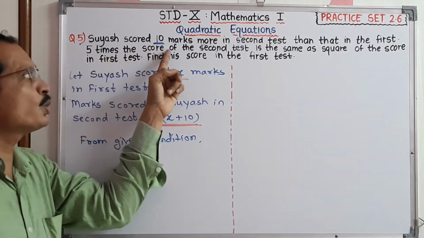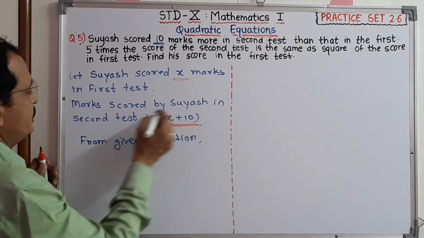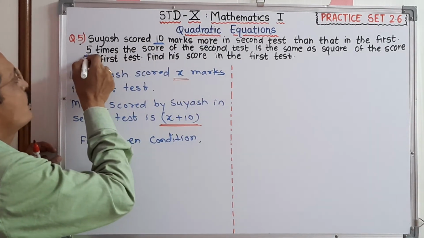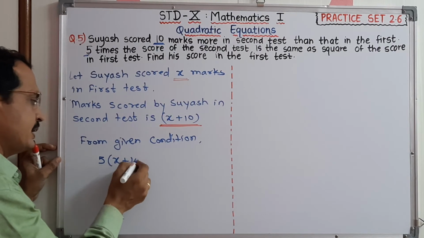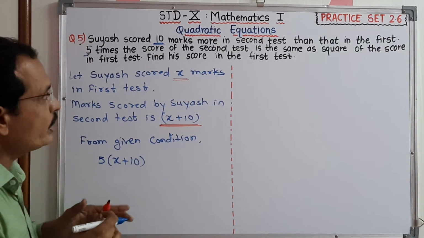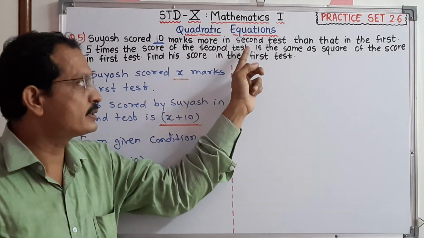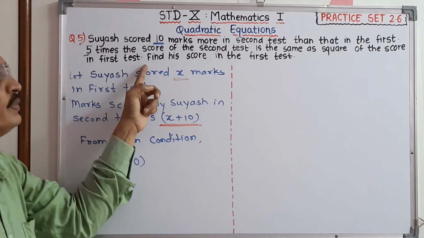5 times the score of the second test. Score of the second test is how much? x plus 10. Make the 5 times of that. That means we have to write 5 into x plus 10. The 5 times the score of the second test is the same as the square of the score in the first test.